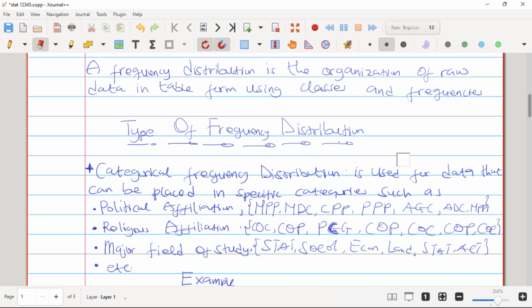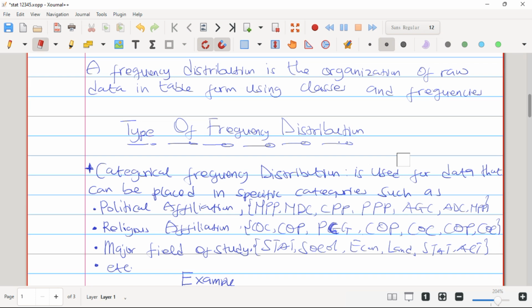So for instance, if this political affiliation is a form of raw data given to us, this is categorical data. So we are going to use the categorical frequency distribution to construct the distribution for this raw data. And it can also be given to us in the form of religious affiliation. So we have the Church of Christ, Church of Pentecost, Presbyterian Church of Ghana, Church of Pentecost, Church of Christ.